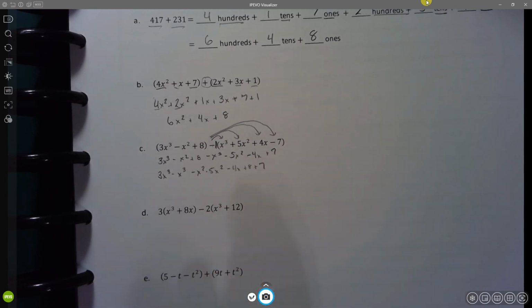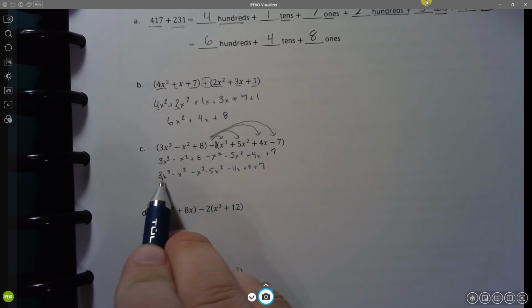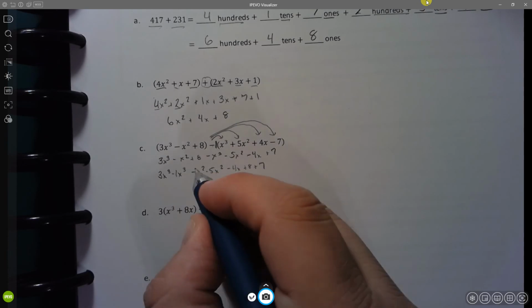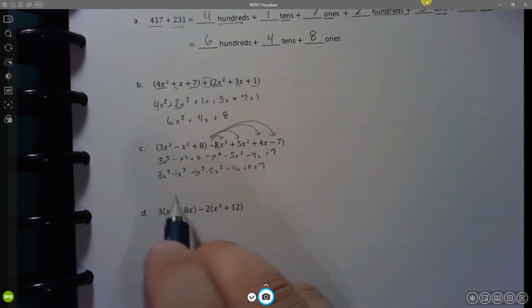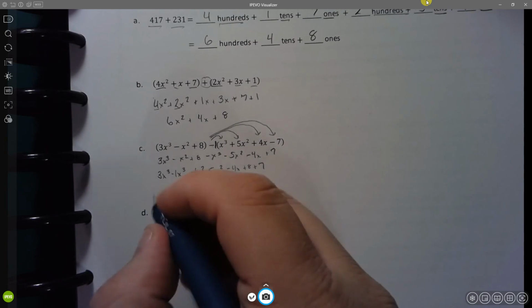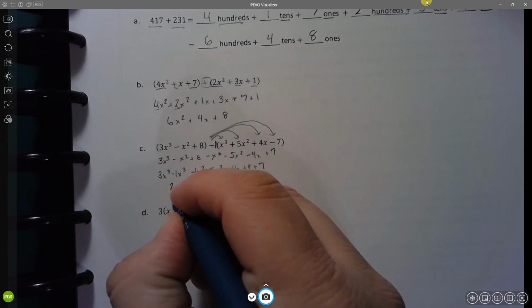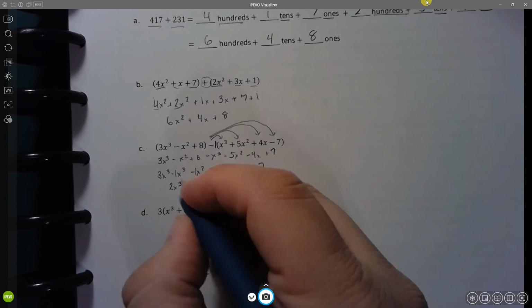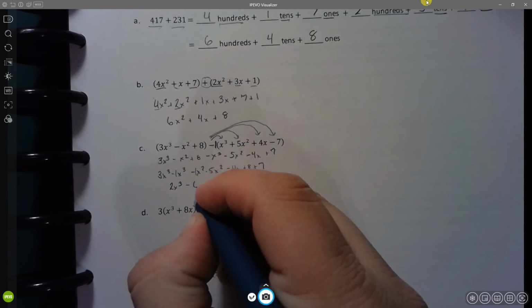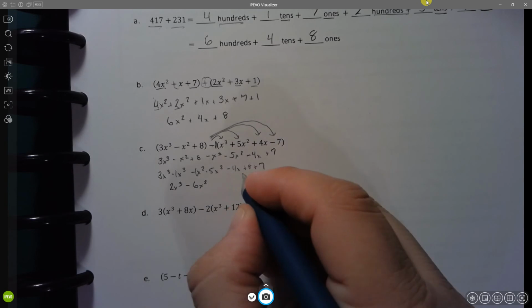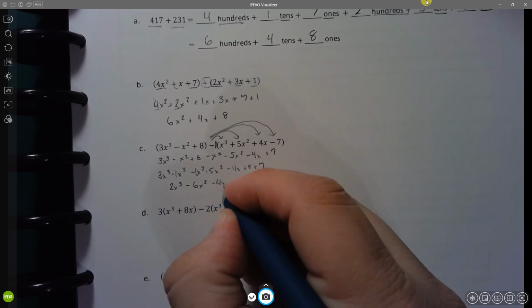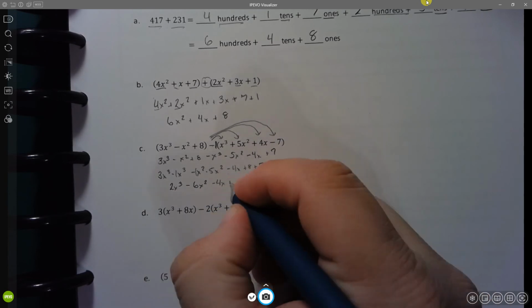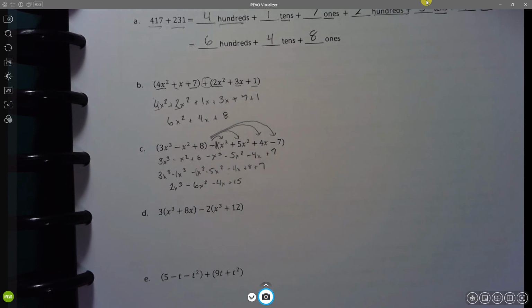So now I can simplify. 3x cubed, now let's understand that there's a 1 here, there's a 1 here, okay? So 3x cubed minus 1x cubed is going to give me 2x cubed. A negative 1x squared minus 5x squared is going to give me a negative 6x squared. There is nothing to subtract with a 4x, so that comes down. And then 8 plus 7 gives me a positive 15.